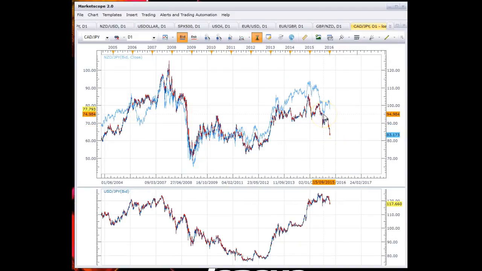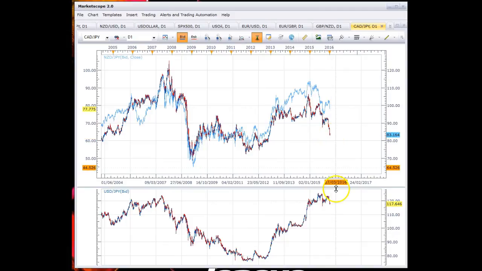Now, some currencies like the CAD yen are going at it more aggressively. The Kiwi yen is a little bit more cautious, and the dollar yen has a bit more support at this level, 117.18. But they all have the potential to go down quite a long way to the downside.